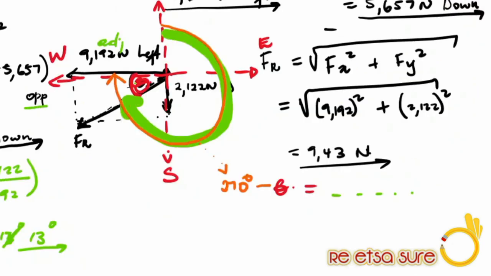Okay, meaning the angle here is 13. But remember, I'm not looking for this angle. I'm looking for the green one, that is measured from the north up until our resultant.